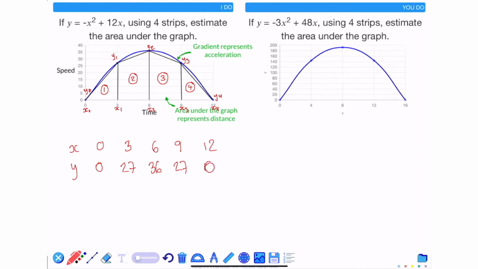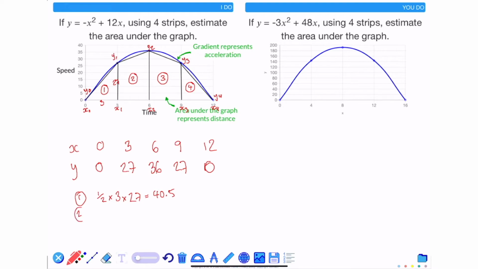I now need to work out the areas of each of the shapes. Starting with shape 1, I can see that it has a base of 3 and a height of 27. This means I can calculate the area using half of the base times by the height, and this gives me 40.5.